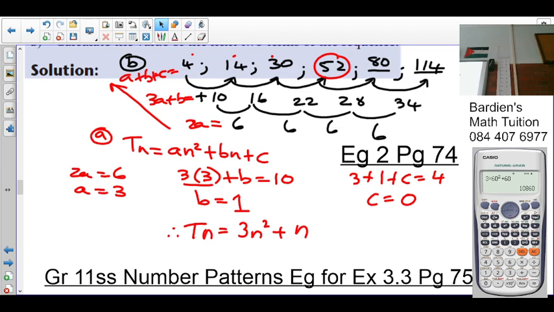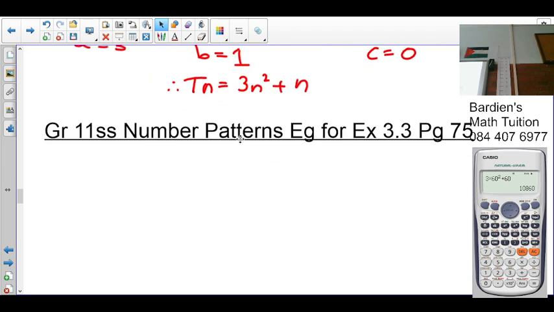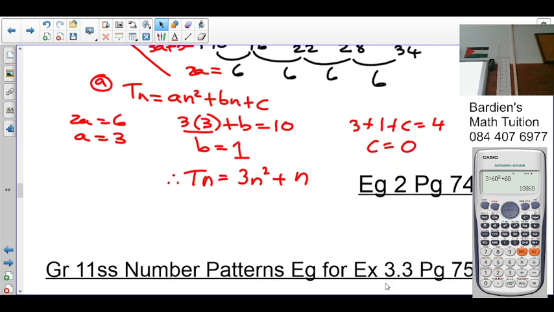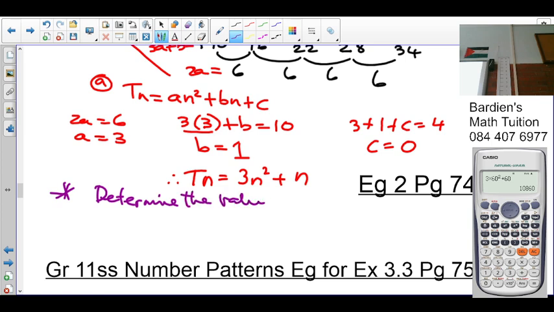Now, another commonly asked question is which term of the sequence, and this question was not asked. Put it here in purple. Determine, you guys can write this down: determine the value of n if the nth term, or Tn, is equal to 27,170.